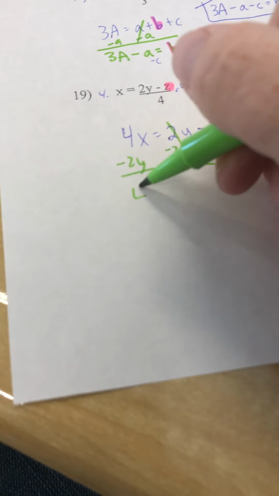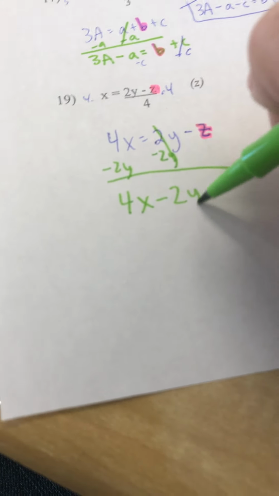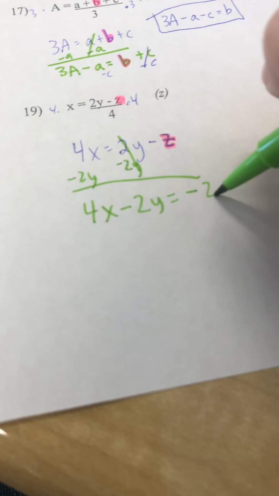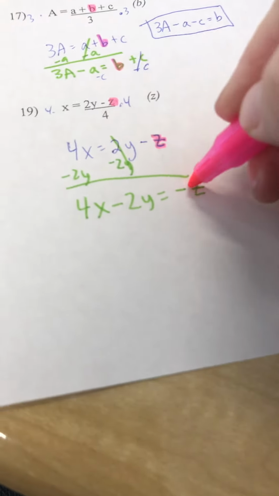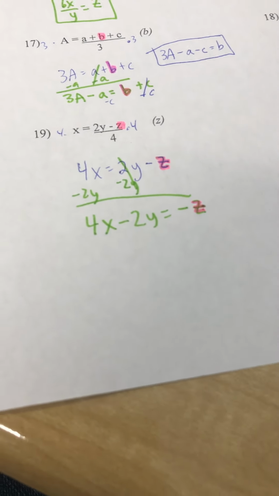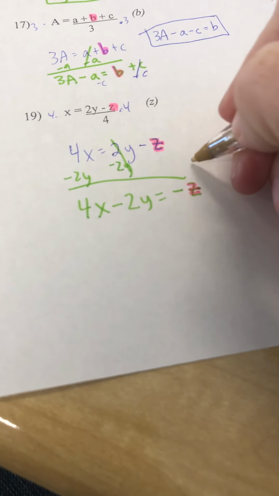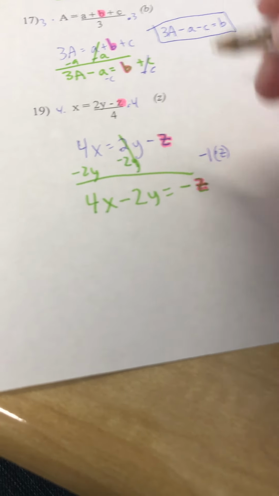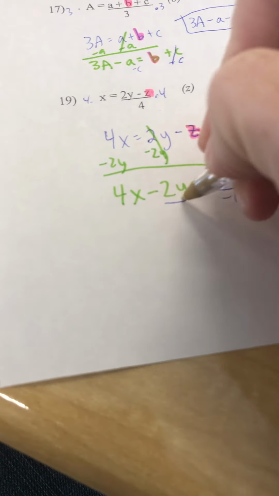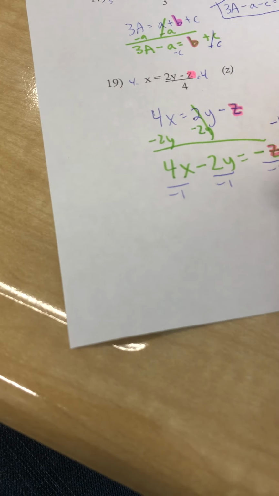So I've got 4x minus 2y equals that negative z. So we don't want negative z, we want just z. So since that negative technically means -1 times z, right? And so we're going to divide each thing by a -1.